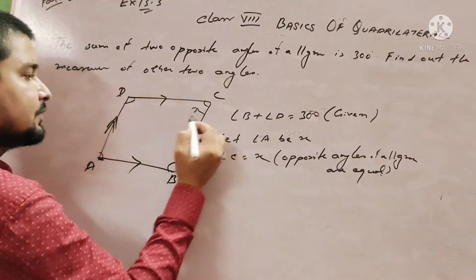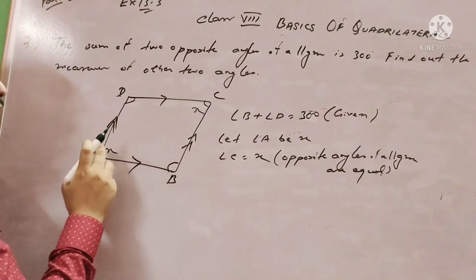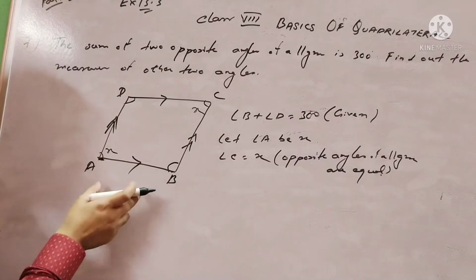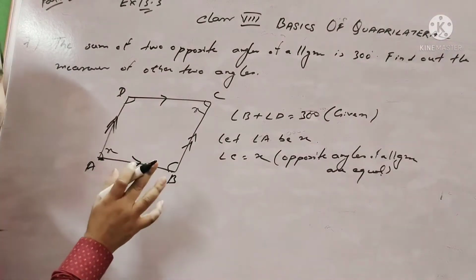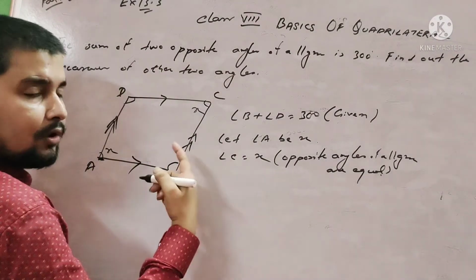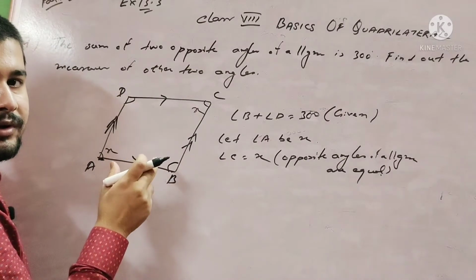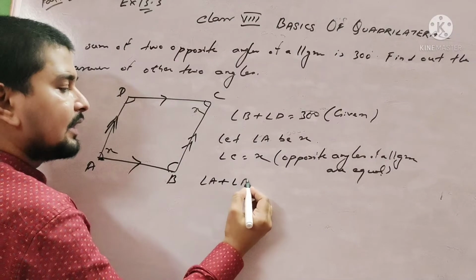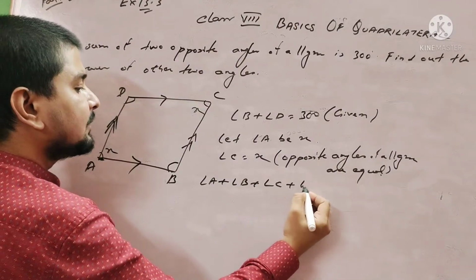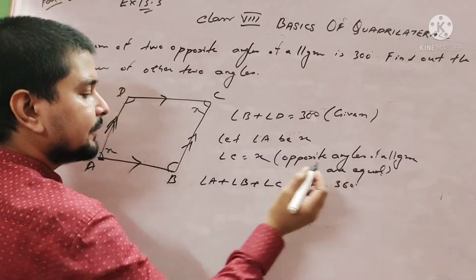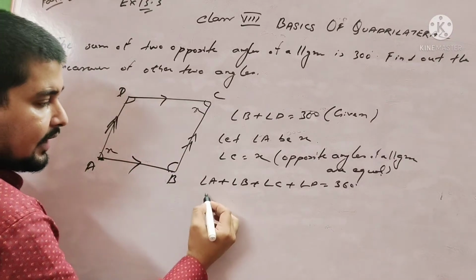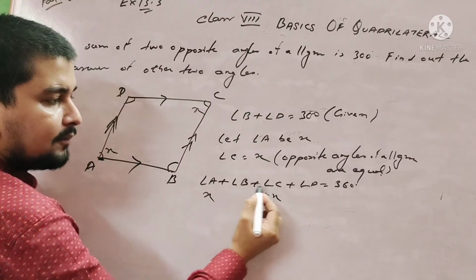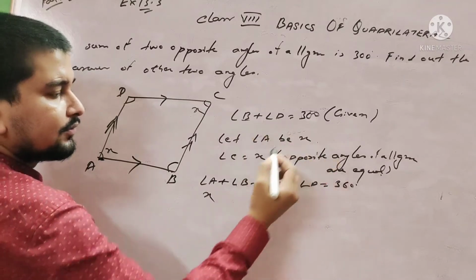We know that the sum of all interior angles of a quadrilateral, whatever quadrilateral, any four-sided figure, is 360. So angle A plus angle B plus angle C plus angle D equals 360 degrees. A is x, C is x, and the sum of B and D is 300.